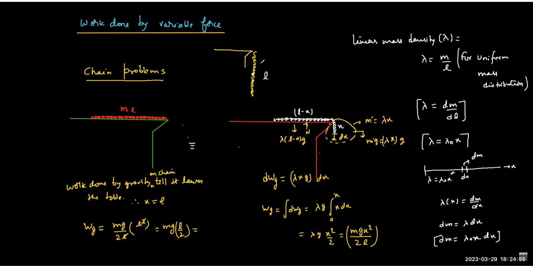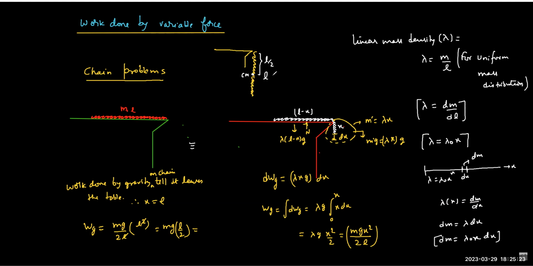If the entire length is L, what is the depth of this center of mass? L by 2. So in future, the same thing we do by the center of mass concept. We simply say it is mg into the location of the center of mass. If the center of mass is going down, we say work is positive, and if it is going up, we say work is negative.